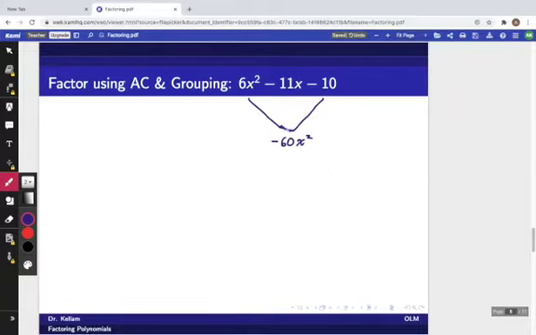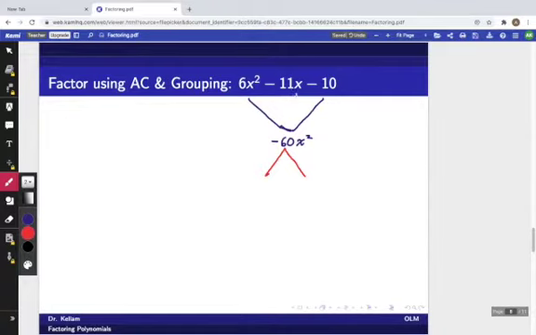Now, I'm concerned primarily with this negative 60 part, because what I need is I need this negative 60 to be written as two things that multiply to give me this negative 60, but add to give me this negative 11.